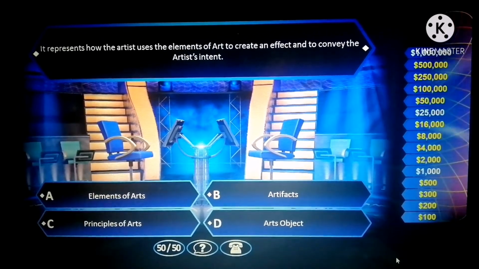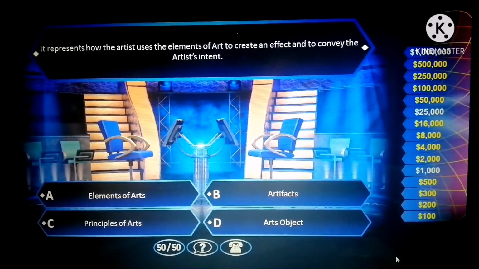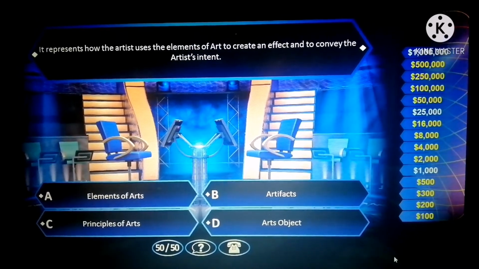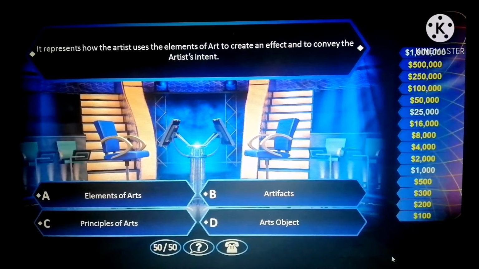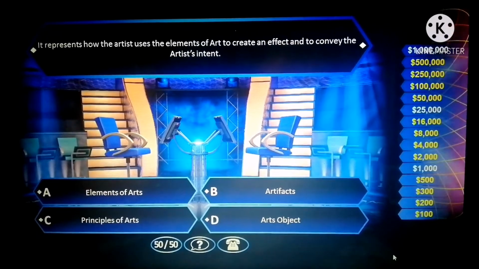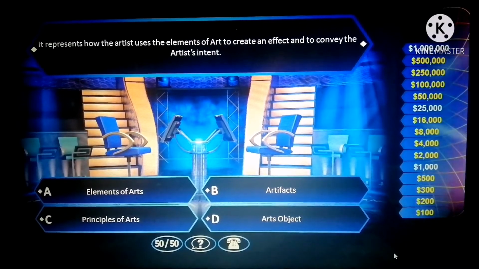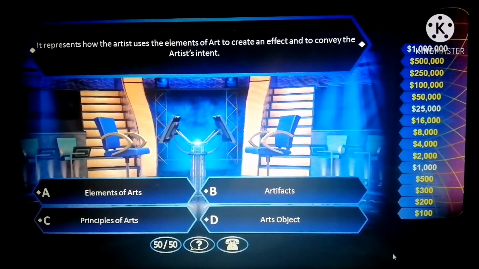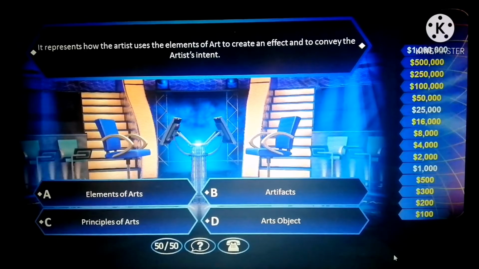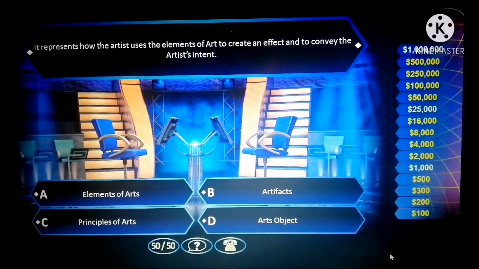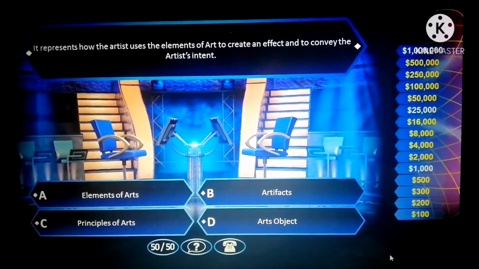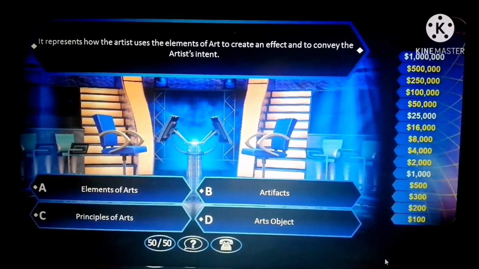It represents how the artist uses the elements of art to create an effect and to convey the artist's intent. What is your answer? Is it A, elements of arts, B, artifacts, C, principles of arts, or D, arts objects? Please send your answer to my FB Messenger.